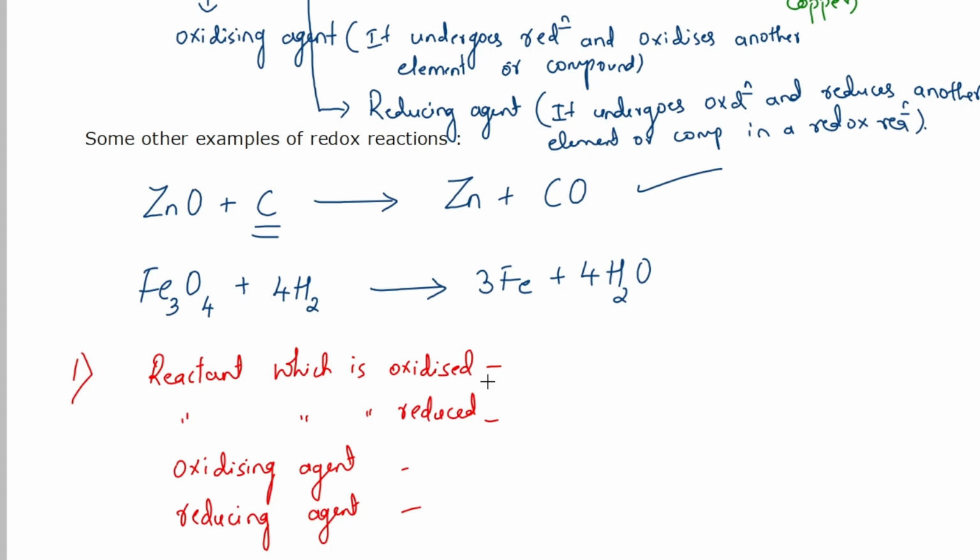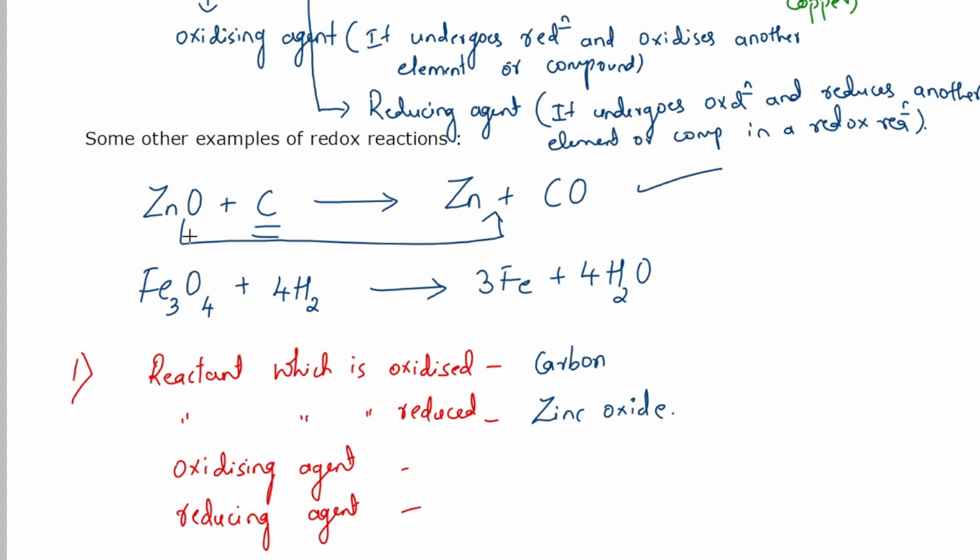The reactant which is oxidized is carbon. Then, reactant which is reduced. Zinc oxide has undergone loss of oxygen. You can easily observe here there is loss of oxygen. So, zinc oxide is reduced.